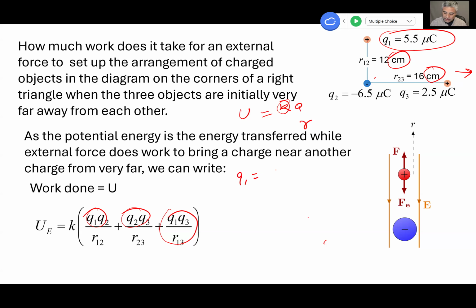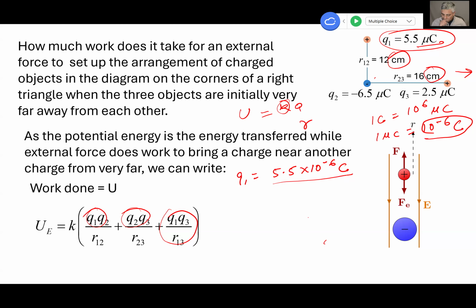For example, Q1 in this case would be 5.5 times 10 to the power negative 6 coulomb, because 1 coulomb is 10 to the power 6 microcoulomb, or the other way around, 1 microcoulomb is 10 to the power negative 6 coulomb. We are going from micro to coulomb, so that's why we need that factor there.